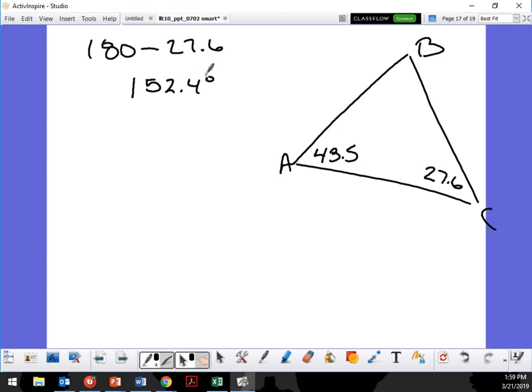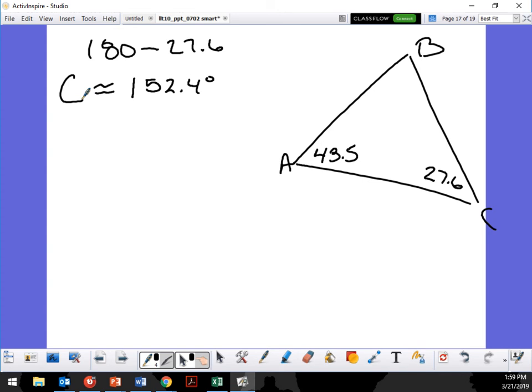Then minus 43.5. Now I did the math, right? So this is supposed to be the other C. That one's supposed to be big C.